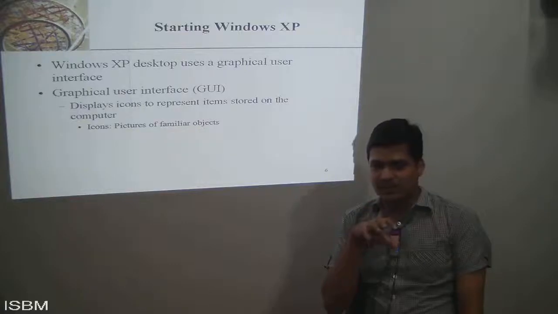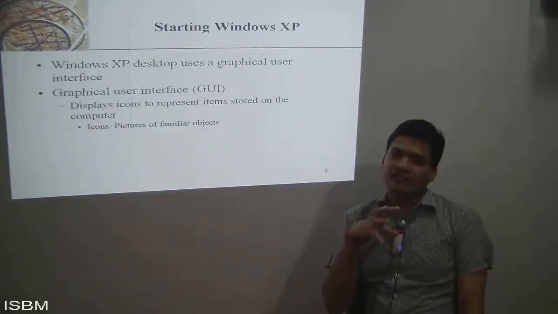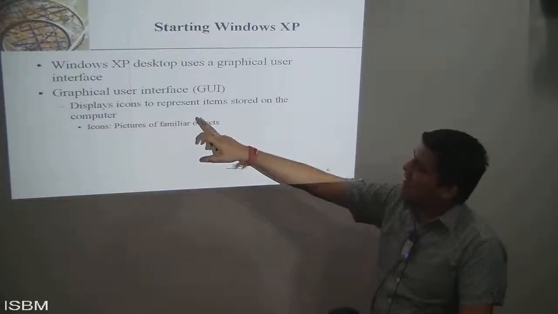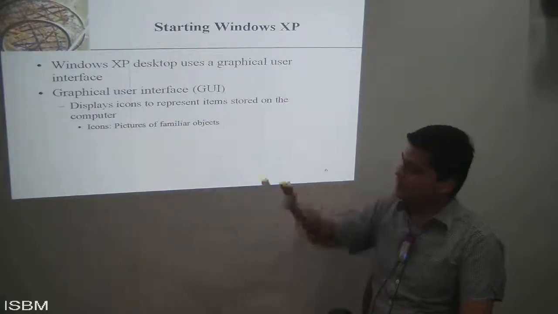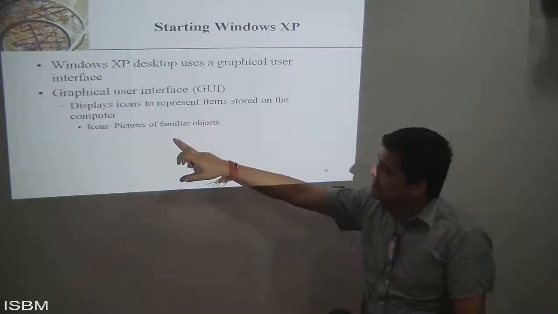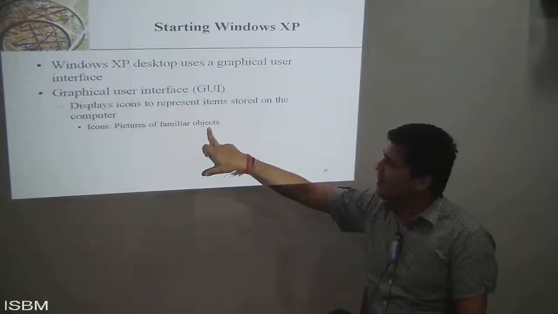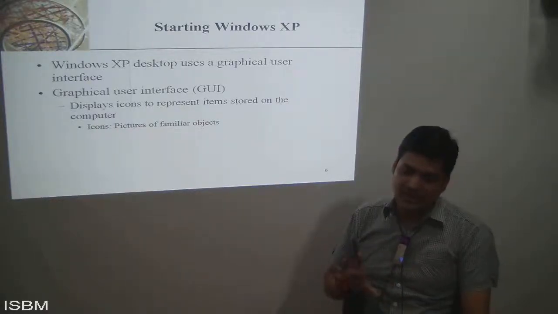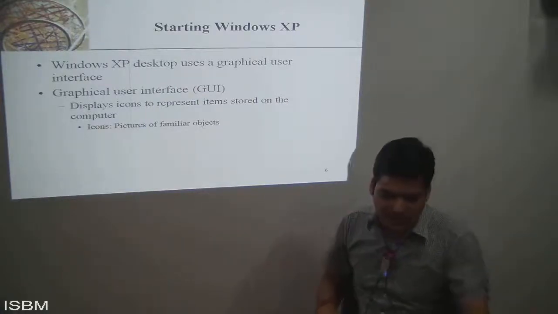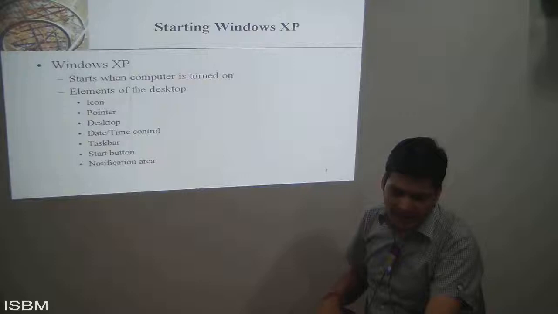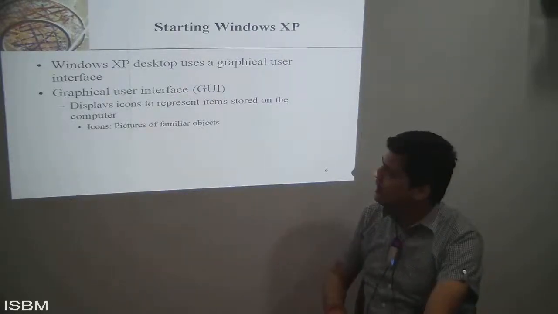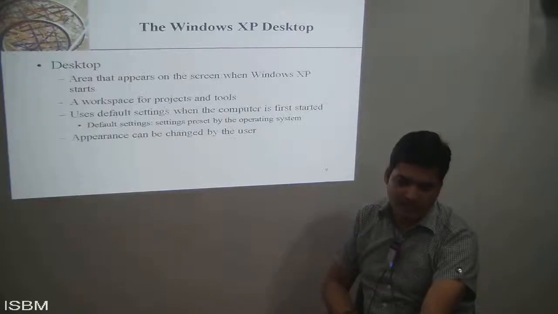Sometimes we are doing something related to animation, which requires graphics. So this is a graphical user interface. It displays icons to represent items stored on the computer, and the icons are pictures of familiar objects.